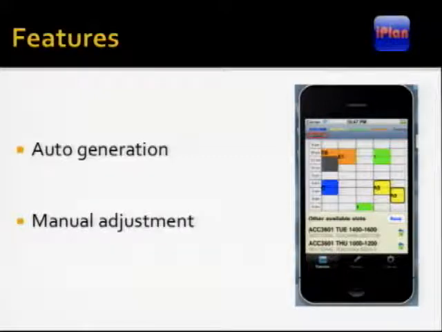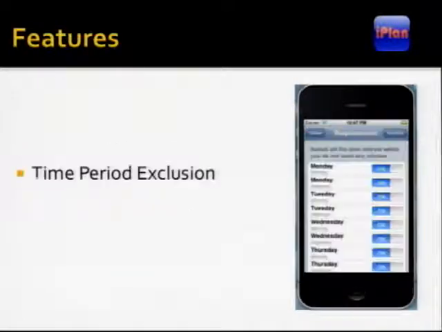And then if the user is not pleased with the result, they can do manual adjustment. When the user is doing adjustment, it will show the clash anytime it happens. And it also considers the week frequency property of each group. We'll show how to use this in the demo.